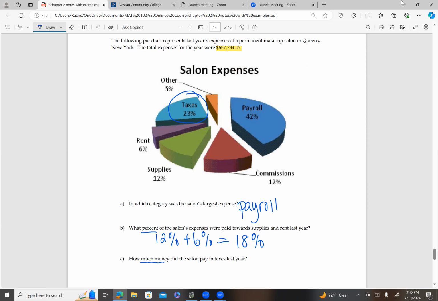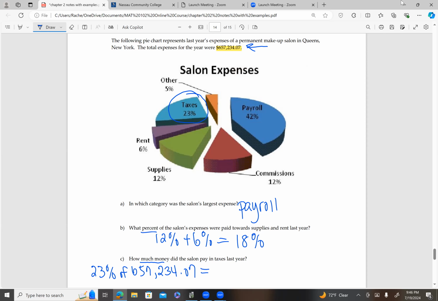Well, let's go back to the beginning of the problem. The total expenses were $657,234.07, and 23% of that total was taxes. So we have to figure out what 23% of $657,234.07 is.